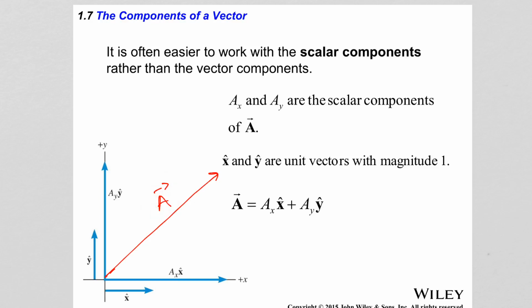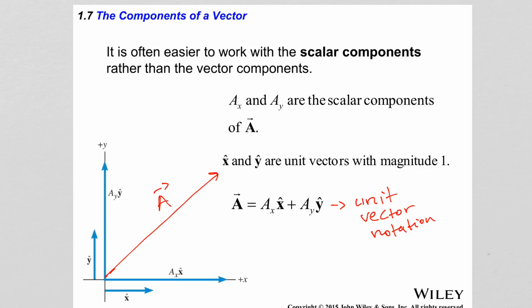So now this representation here is the representation of a 2-dimensional vector in scalar component and unit vector notation. This representation here is known as unit vector notation.